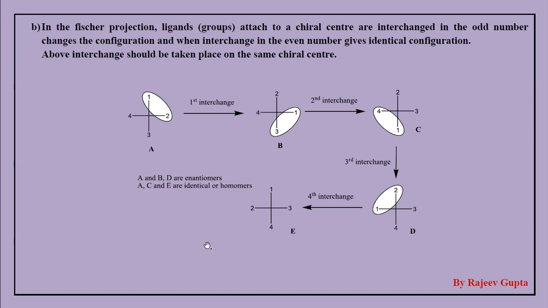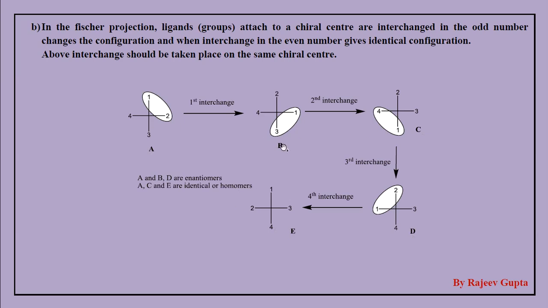So A and E are homomers or identical. Now again, repeat: if we see the relation between two structures or configurations, A and B are enantiomers of each other. A and C are identical to each other. A and D are enantiomers of each other. A and E are identical.